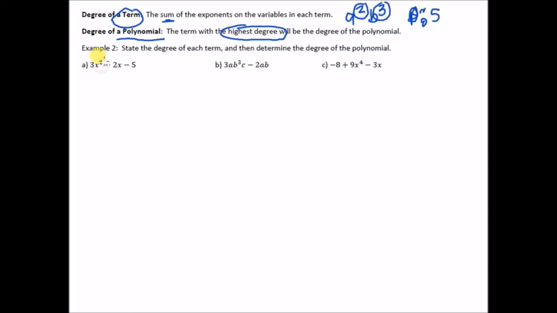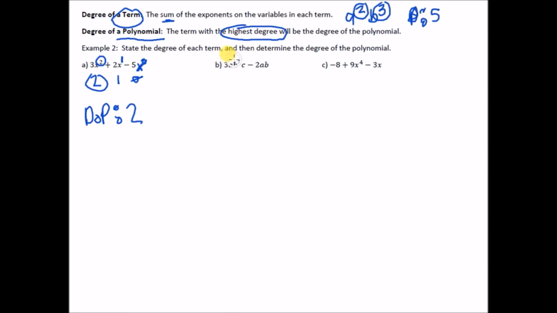3x squared is degree 2. 2x, that'd be to the 1, so degree 1. And then minus 5, there's no x, so you can put 0. It would technically be x to the 0, but no worries. So for the degree of the polynomial, with 2, 1, 0, it's going to be 2 because that's the biggest.